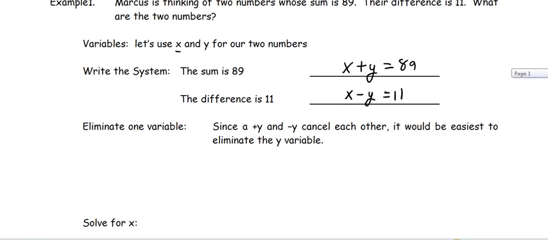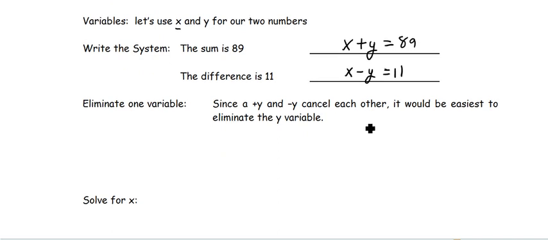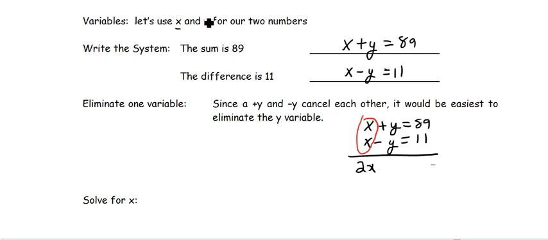All right, so what we're going to do is literally add the two equations together. So let me rewrite them here. x plus y equals 89. x minus y equals 11. We're going to add these together, and we get 2x.